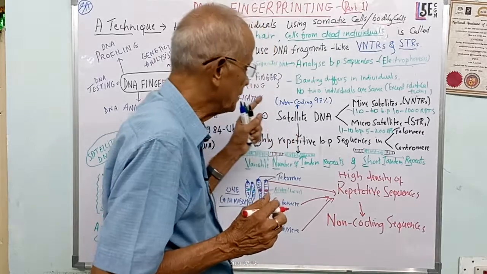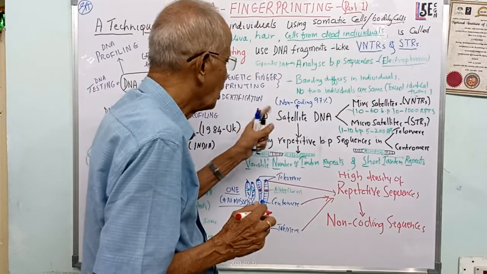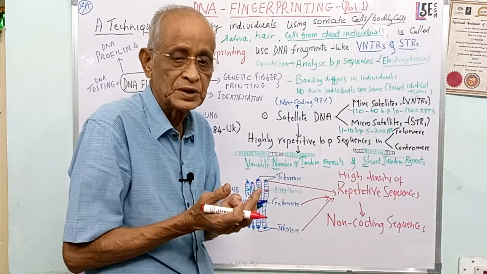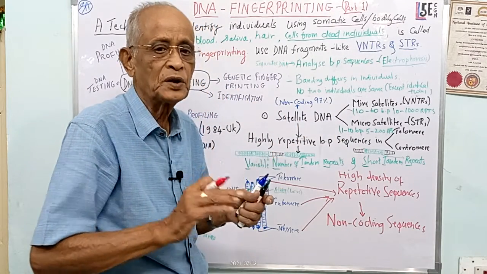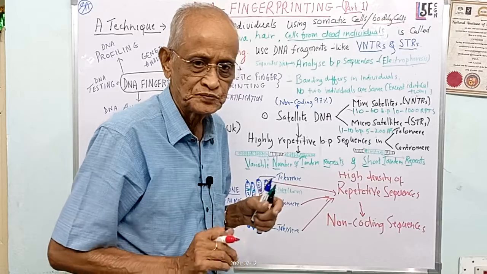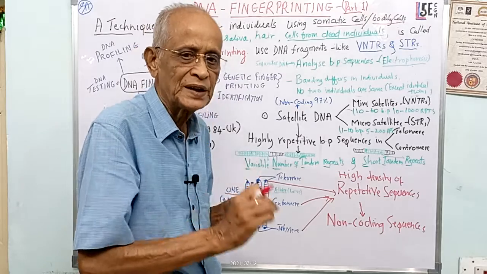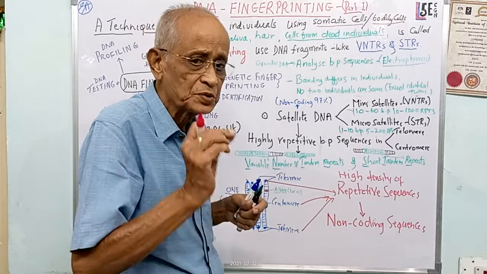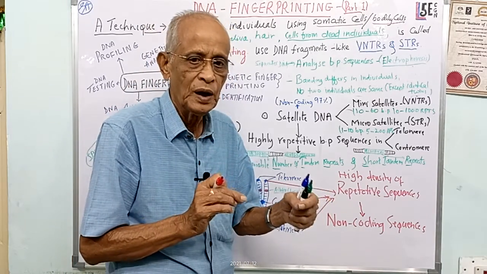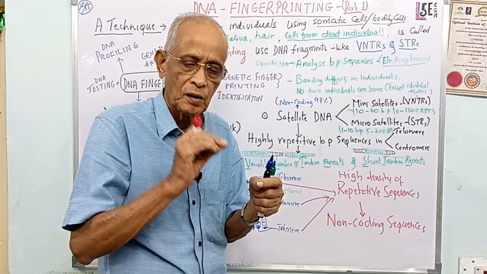And nearly 97% of the total genome present in a cell will not code for any proteins. That part is called the non-coding part. And in this non-coding part, we find what are called satellite DNA. What is the meaning of satellite DNA? It only says that the DNA will have repeated sequences of nucleotide base pairs.